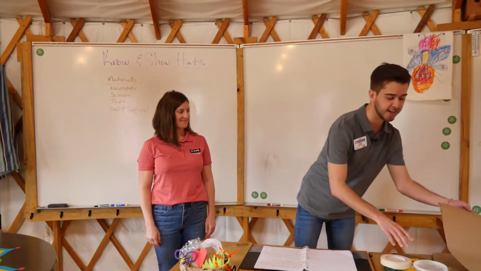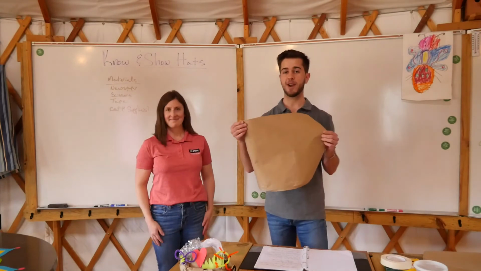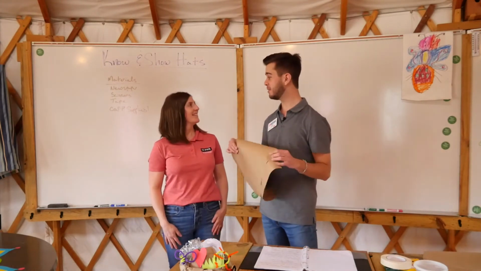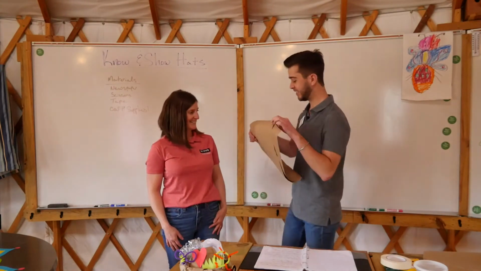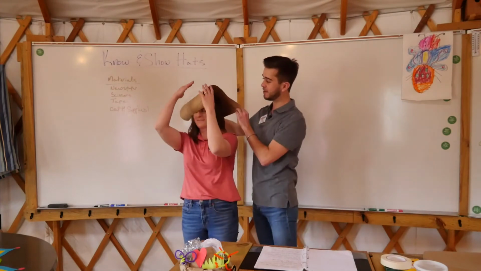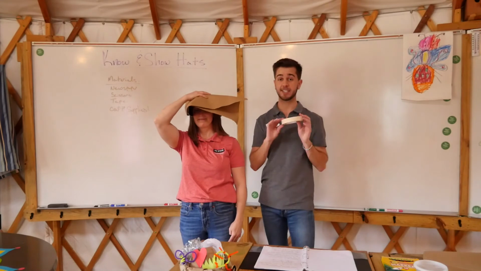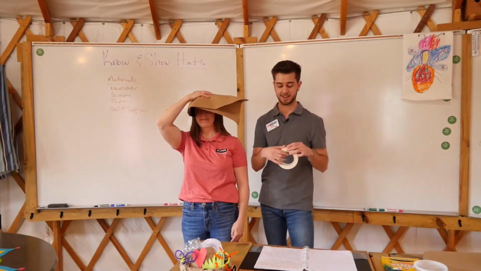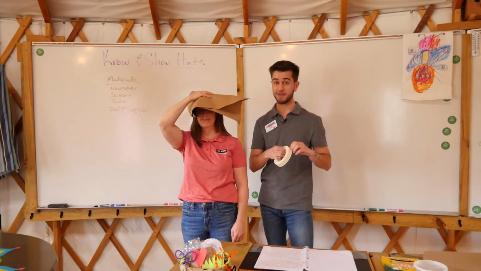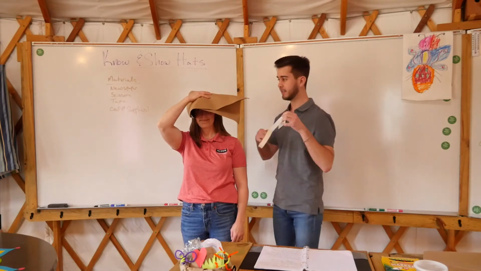So first, you're going to need your brown paper or newspaper, and then I'm going to have Liz hold this over her head, and then next you're going to grab your tape. With your tape, you're going to wrap it around your head to make a hat.